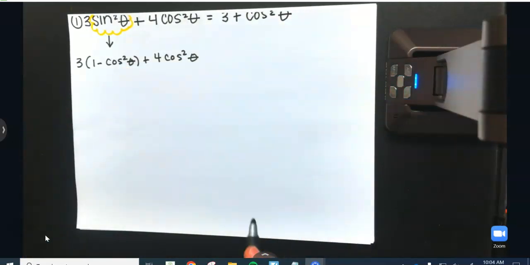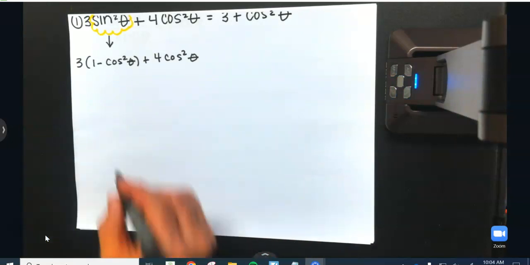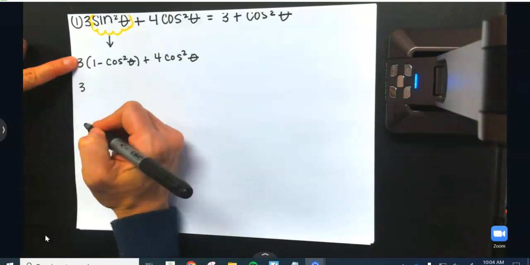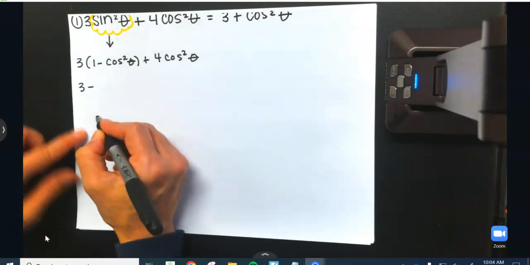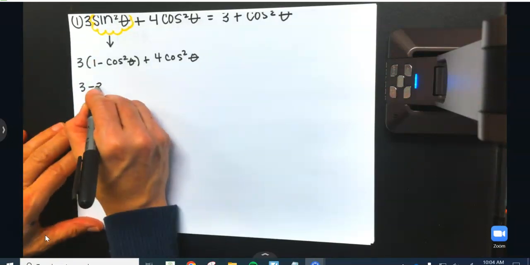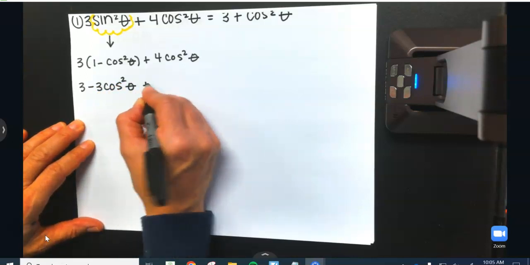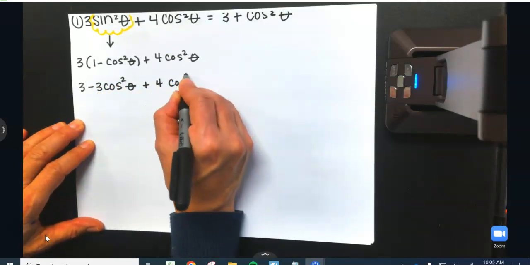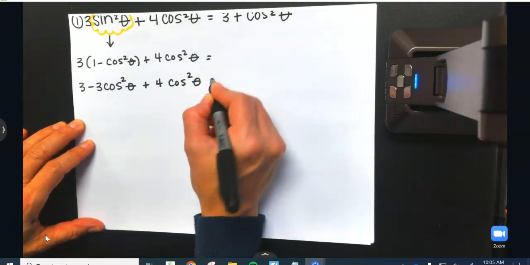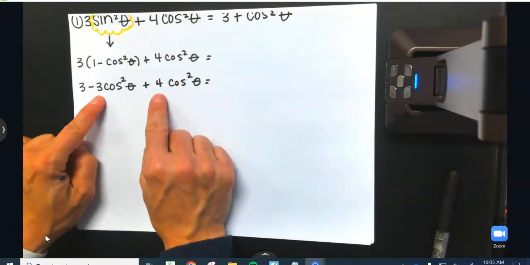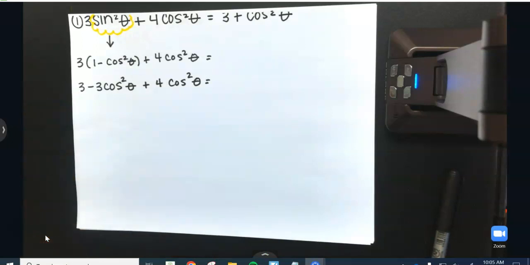Let's distribute and see what happens. So remember, just got to take it one step at a time. 3 times 1, 3 times negative cosine squared. You have like terms.